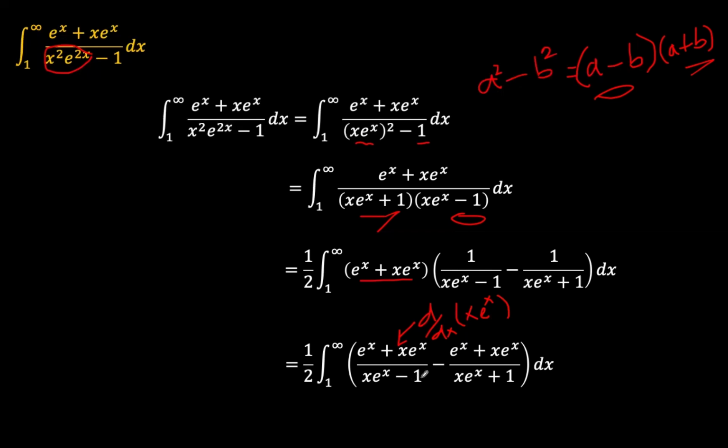There's a minus 1, and this is a constant. So this is the same as the derivative of x e to the power x minus 1. And the same thing on this side, this is the same as the derivative of x times e to the power x plus 1.